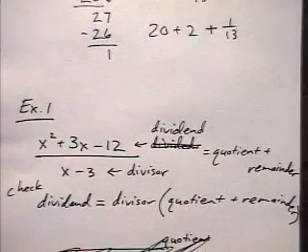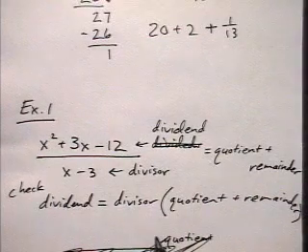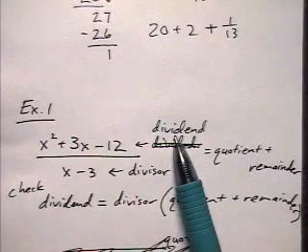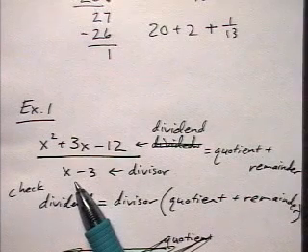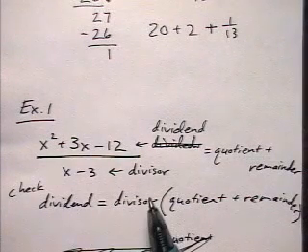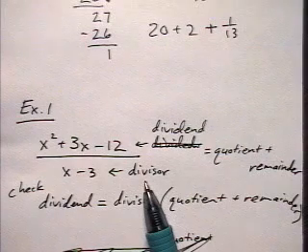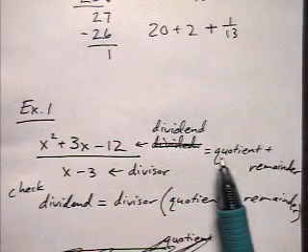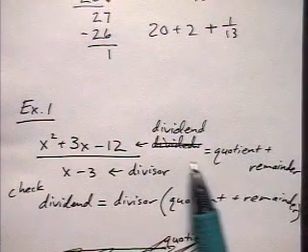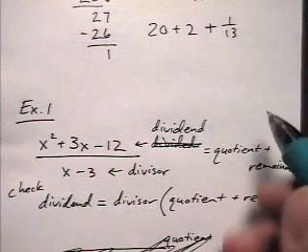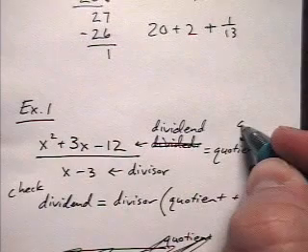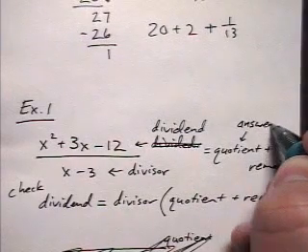So in example 1, we're talking about division here, long division. The top thing is called your dividend, and your bottom expression is called your divisor. Talked a little bit about that term divisor a second ago. The dividend over the divisor is equal to the quotient plus the remainder. Quotient meaning answer to the division problem.